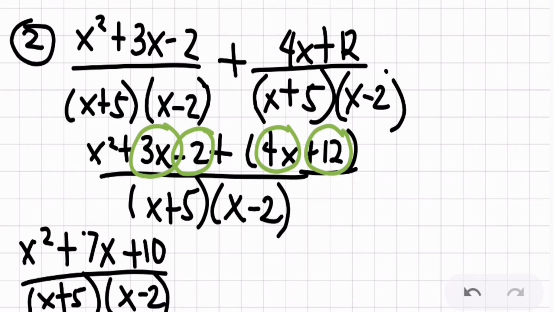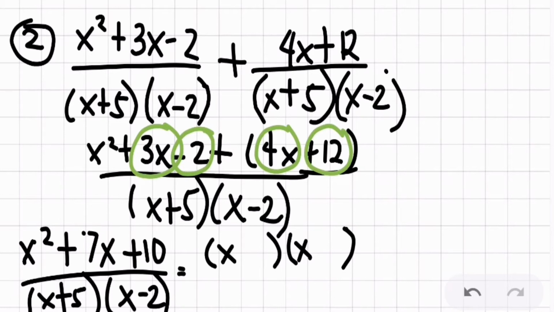Now if you will notice, we have a quadratic trinomial in our numerator, and we can still factor this one out. So the factors of this are two binomials. So we will have x here, put x here, and then for 10, we have two options.